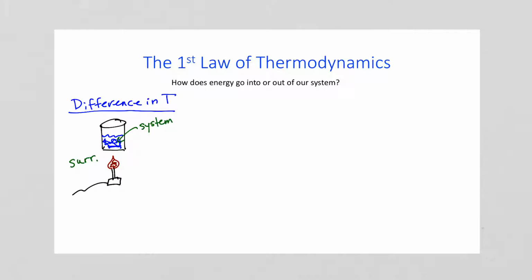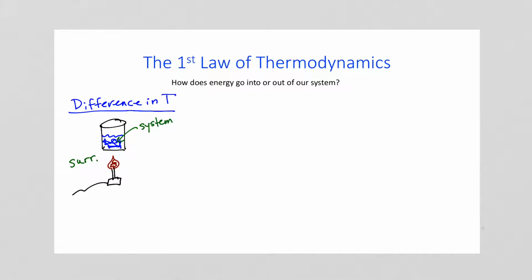We want to be very clear what we are considering our system, and then that dictates what becomes our surroundings. And then the system and the surroundings together make up our entire universe.